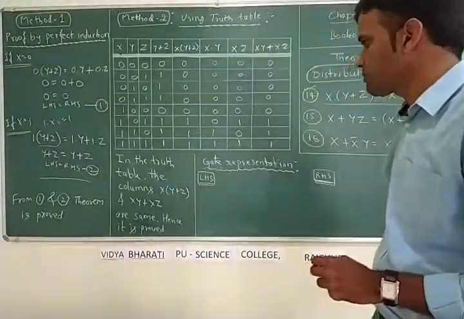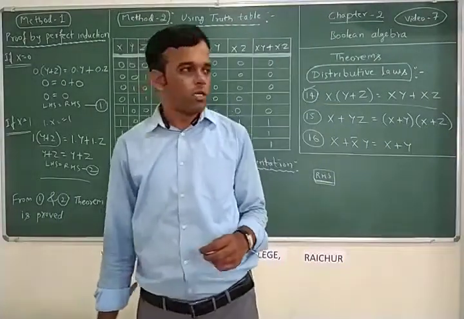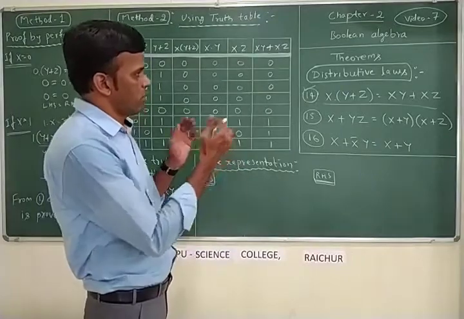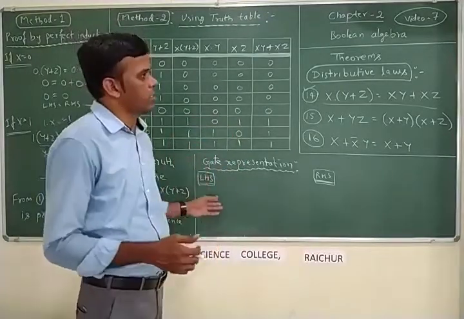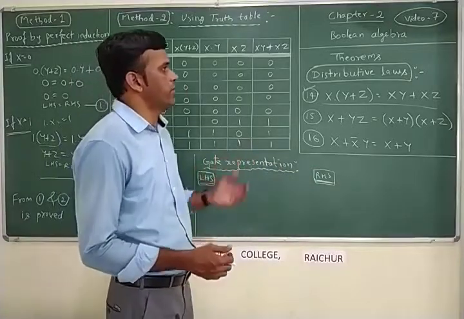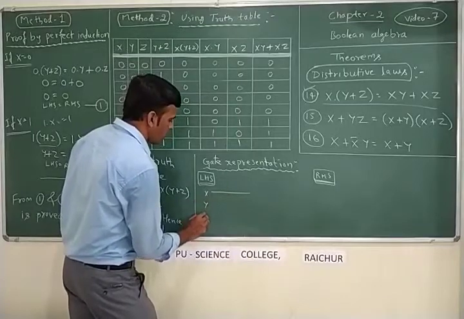Okay. So now we'll go for the circuit. So how the circuit is going to be for this theorem, separately for LHS and for RHS. So there are three different variables here. Okay, then I will take x, y and z.